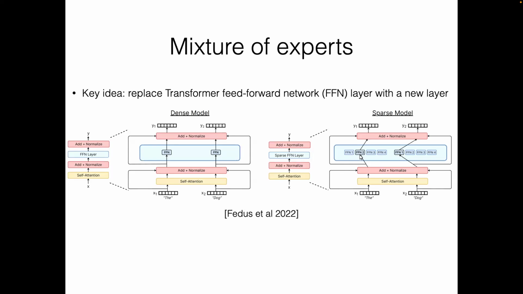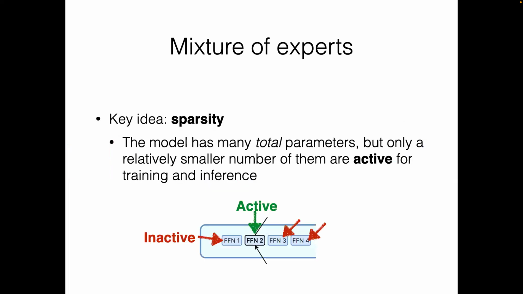Okay, so this idea is called sparsity. This is really going to be the key idea behind why these are interesting, is that the model is able to have many total parameters, right? So for each one of these networks, you have a bunch of parameters, but only a small number of them are going to be active for a particular example during both training and during inference.